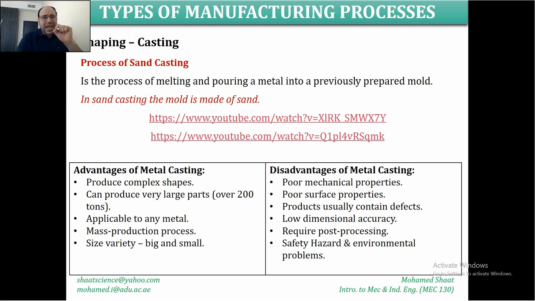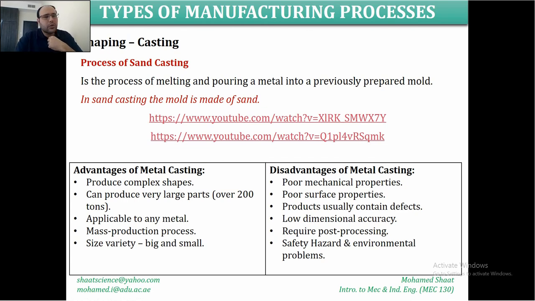One of them is sand casting. In addition to sand casting, we have metal die casting, centrifugal casting, and many other casting processes. The most common and simplest one is the sand casting process, which is a good example of the casting method.